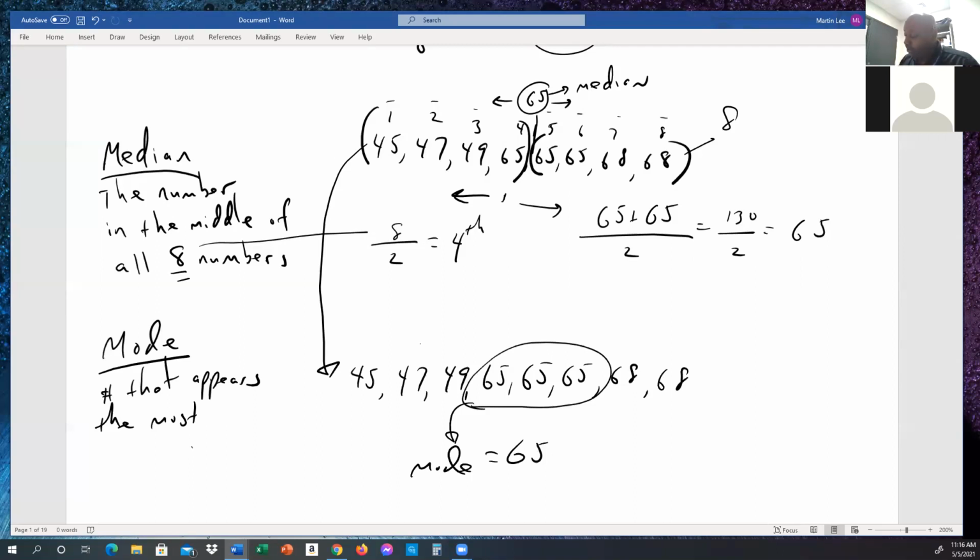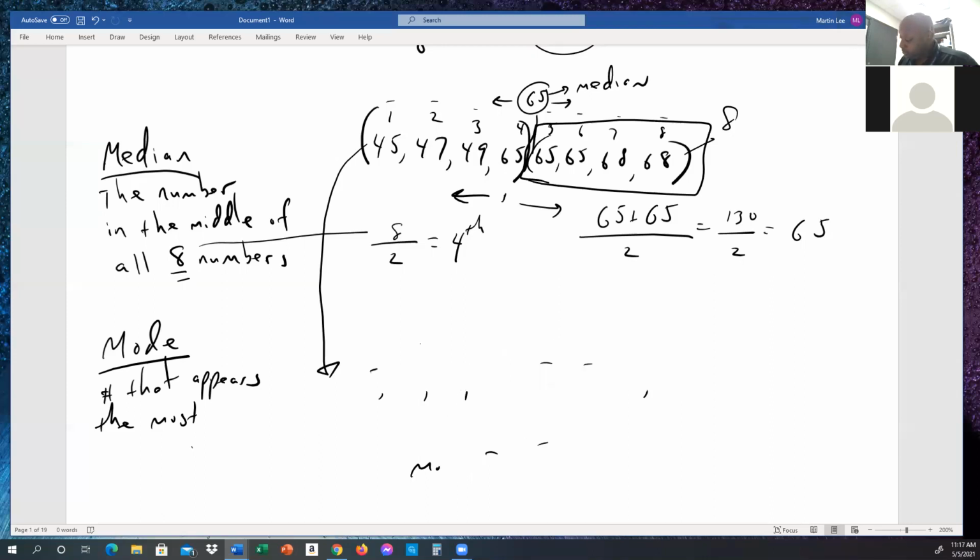Now to find this number called Q3, which just means I need to find the middle of the data I just put a rectangle around. So tell you what, let me erase some of this.